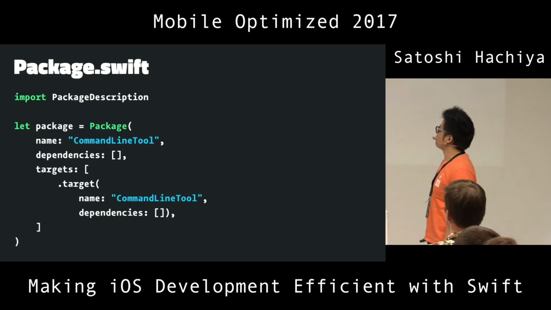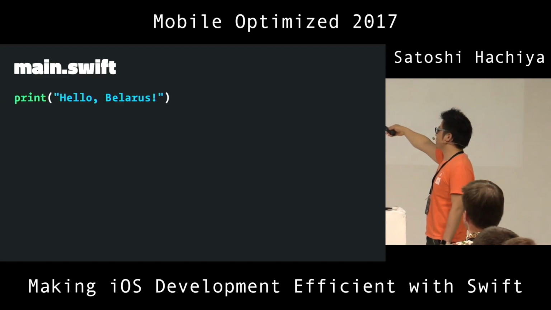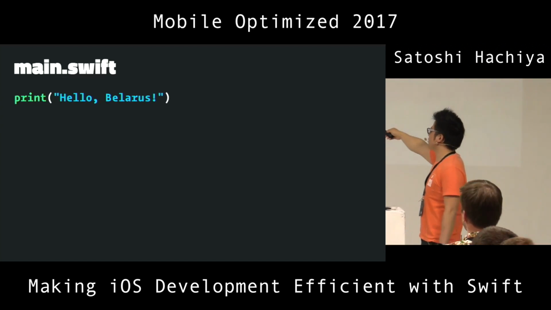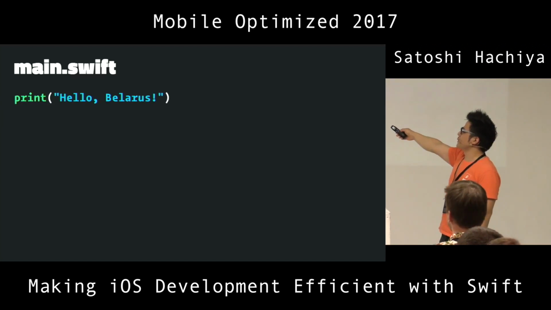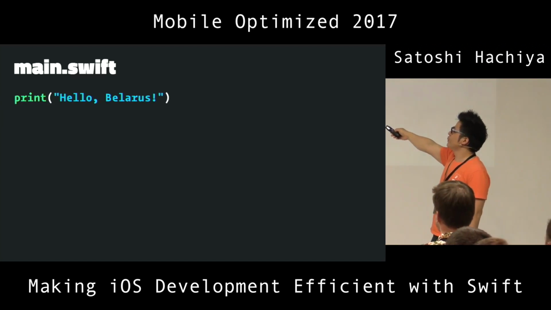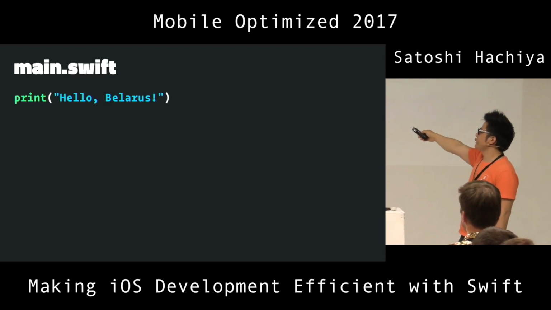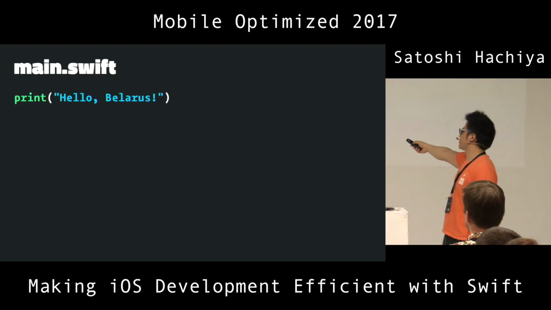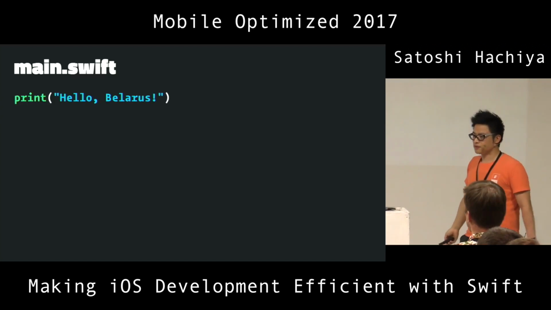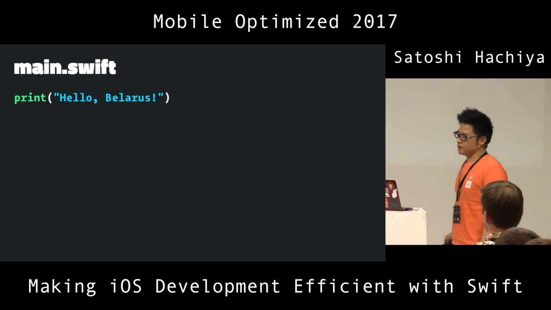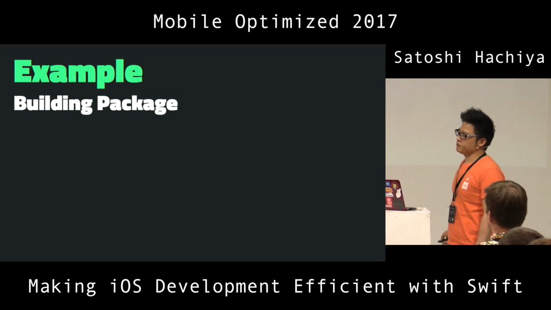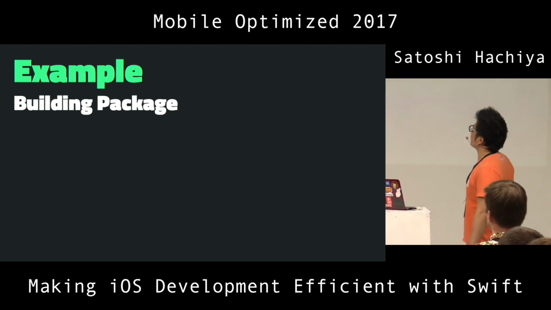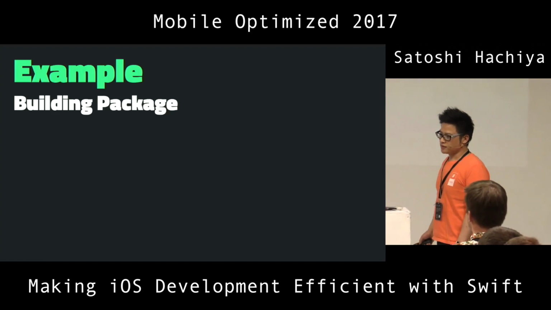In Swift 3.1, the path of sources consists of Sources, slash, and main.swift. And the manifest file is Package.swift.